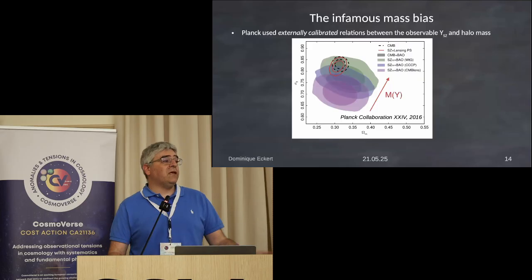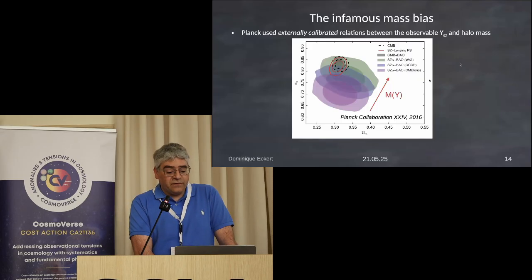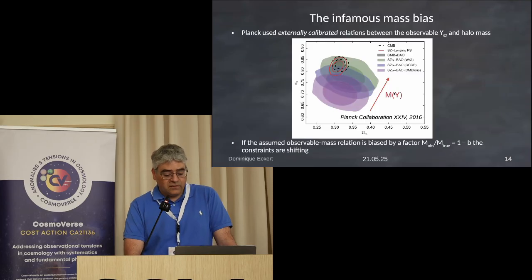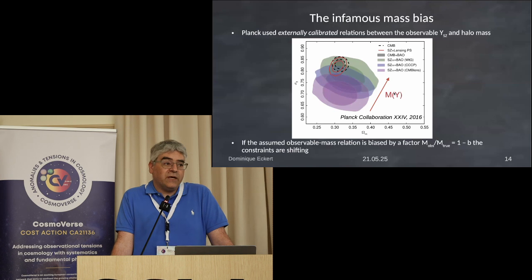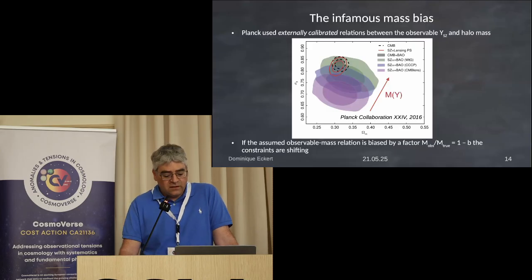If you're making a systematic error when you do this, then you would shift the contours with respect to the true contours. This is encoded within this mass bias, 1 minus b, which is the ratio of the observed mass, meaning the mass that you expect you're finding, to the true mass.